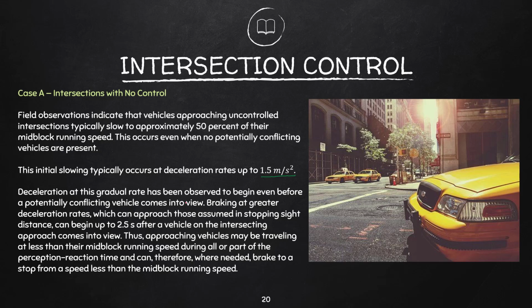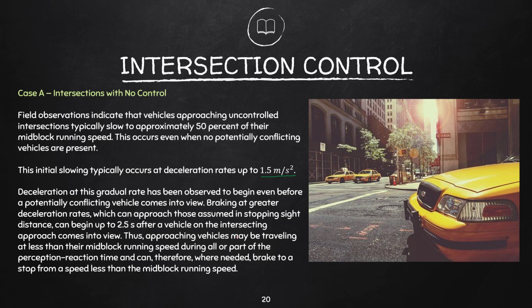In that case, this is somewhat a factor of safety that the driver will give as a form of accident reduction or accident avoidance. Braking at greater deceleration rates, which can approach those assumed in stopping sight distance, can begin up to 2.5 seconds after a vehicle on the intersecting approach comes into view.